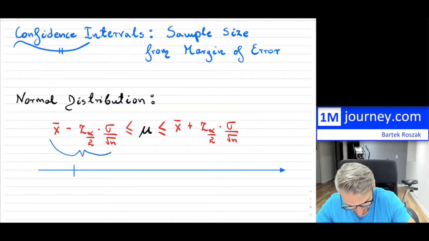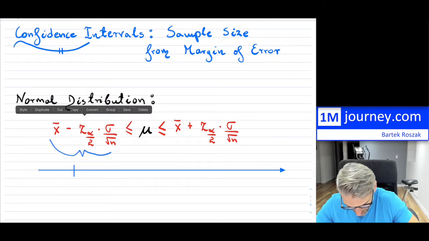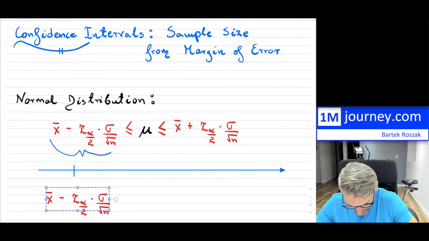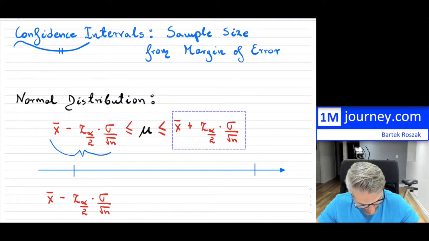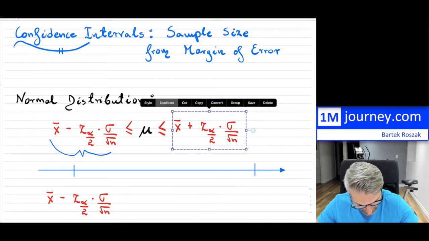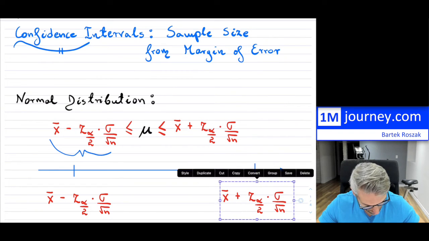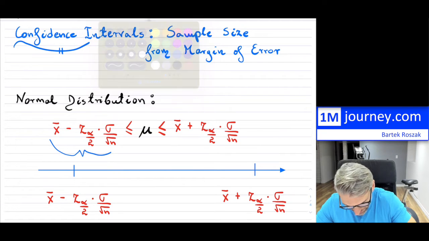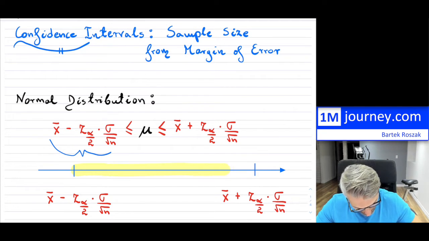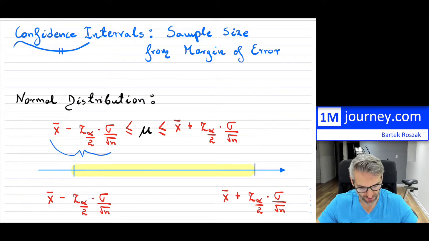I'm going to copy it, paste it down, so that is some number there, and then we have, on the right hand side, this number right here. And our confidence interval is between those 2 points. So if I go all the way from here to here, this is sometimes called the width of the margin of error.